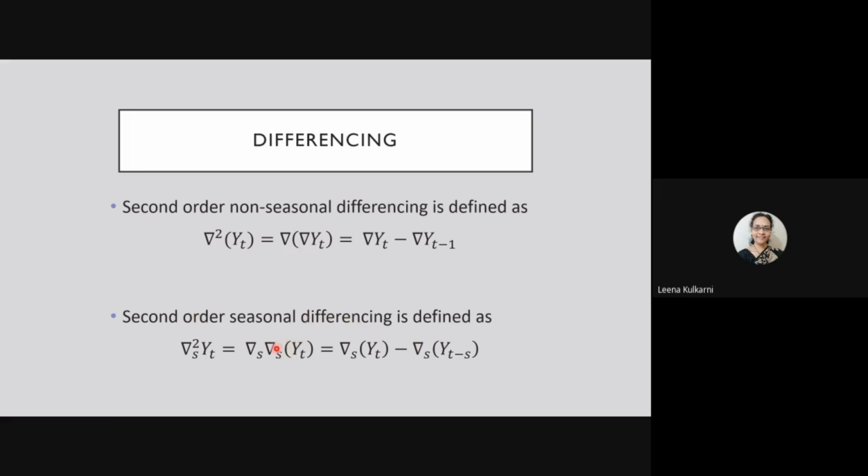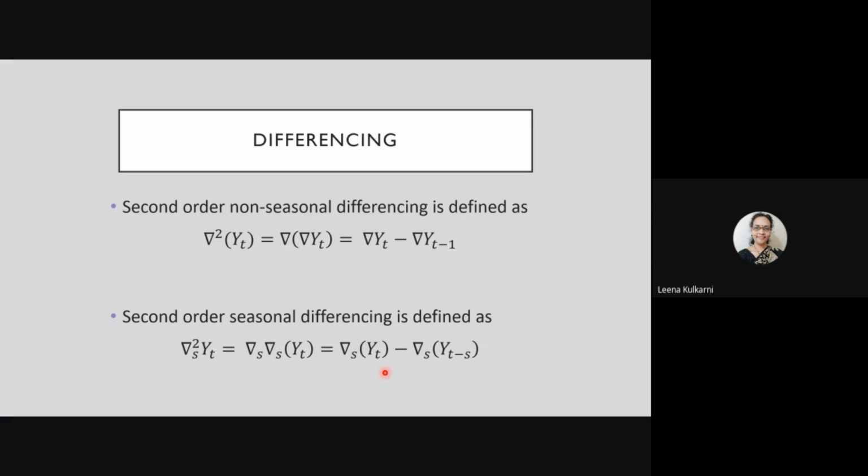So if you have quarterly data, then the 1998 first quarter value minus the 1997 first quarter value will give you the first difference value, and then the first difference of the first difference value at a season will give you the second order seasonal differencing.